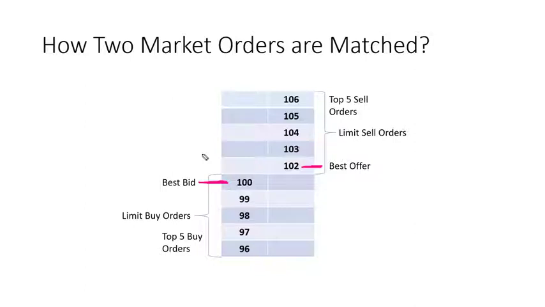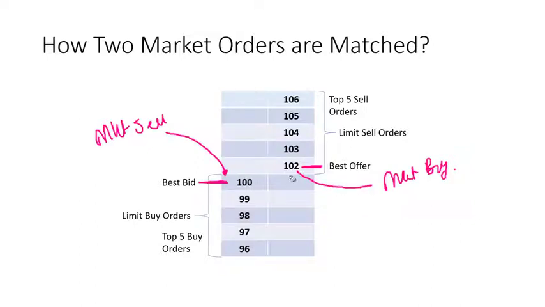So a market sell order is placed and a market buy order is placed. All right. What can happen? Market sell order will be executed at 100 and market buy order will be executed at 102. All right. But these two were matched against the limit orders.